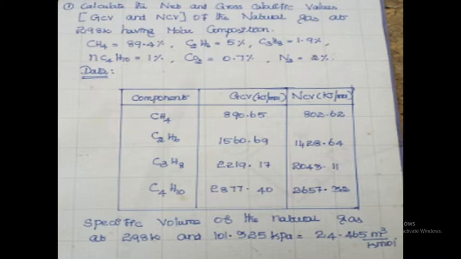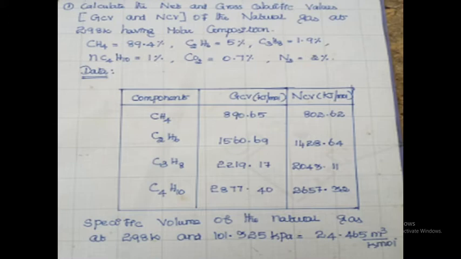First problem: calculate the net and gross calorific value, GCV and NCV, of the natural gas at 298 Kelvin having molar composition CH4 89.4%, C2H6 5%, C3H8 1.9%, nC4H10 1%, carbon dioxide 0.7%, nitrogen 2%.